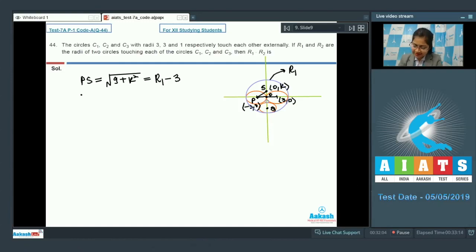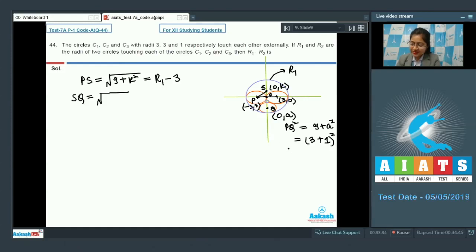Now also let us write SQ. SQ will be equal to under root of, let us say the coordinate of Q is 0, A. So PQ square will be equal to 9 plus A square. Also PQ square can be written equal to the radius of the circle with center P, that is 3, plus the radius of the circle with center Q, that is 1, whole square.